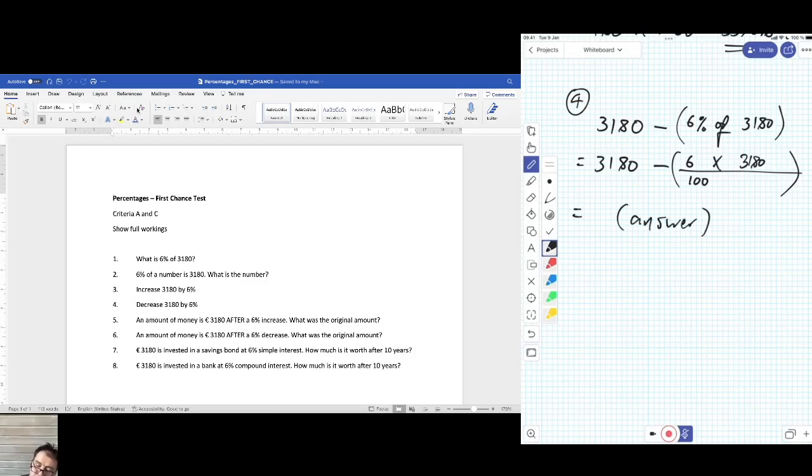Or, quicker way to do it, you can just work out 94% of 3180. So you can just say 0.94 times 3180, because 0.94 is 94%, and 94% is what you're left with if you take 6% off. So either way you do that, you should get the same answer.